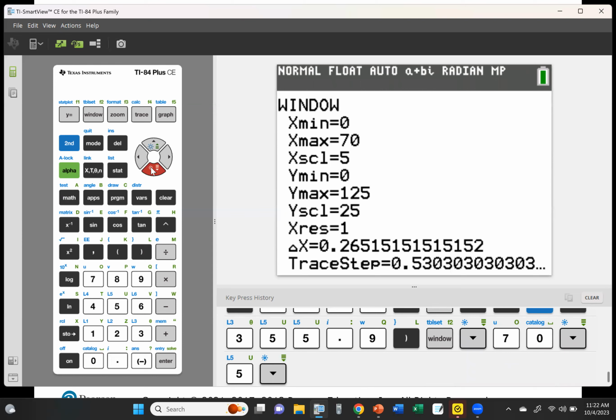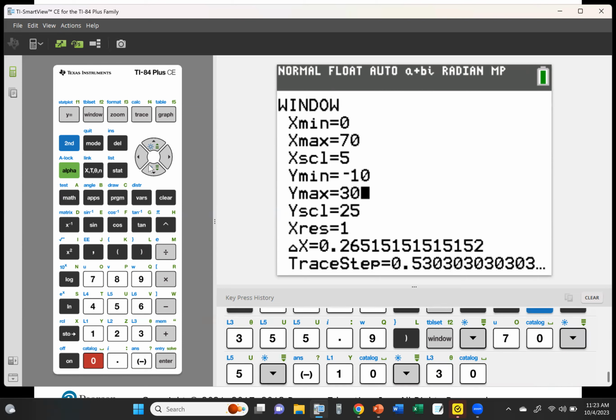And then my maximum temperature was 30, I think it was. So I'm going to do -10. Our wind chill can go from what, -6.5 to 30? Was that the top one? So I'm going to go from -10 to 30 by 5 again.